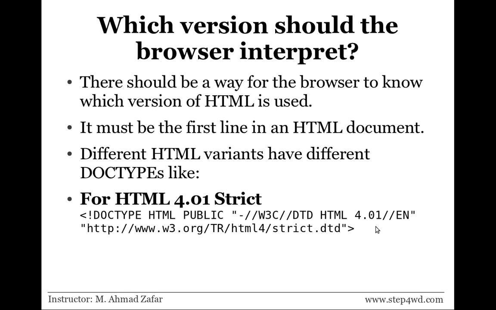This is how any web browser will know how to interpret this HTML, because each version of HTML has different meanings for different tags. Some versions have deprecated tags from the previous version, some introduce new tags, some introduce new meanings to tags, so it's different for every version.